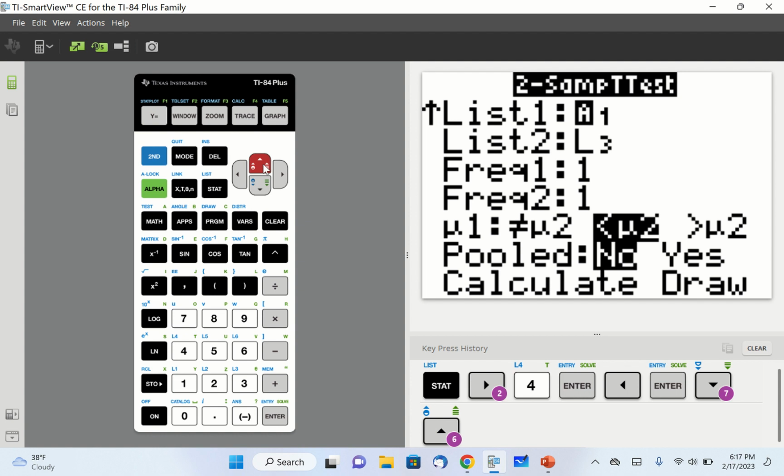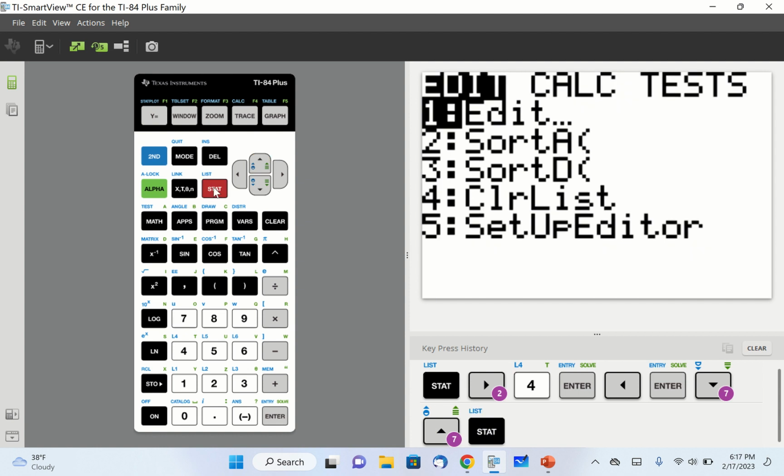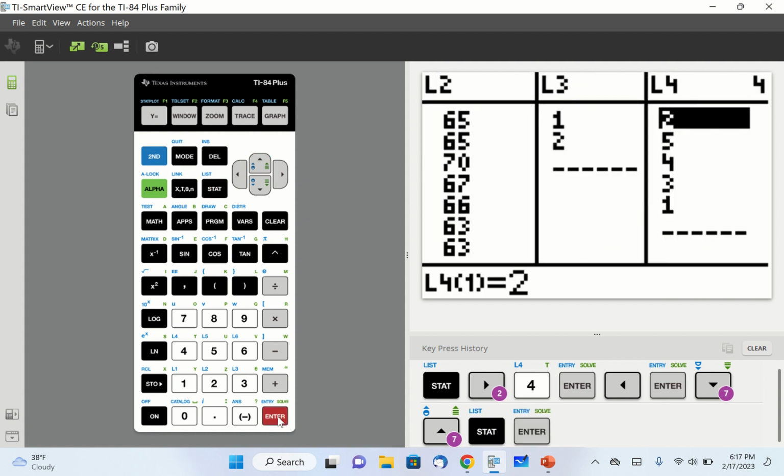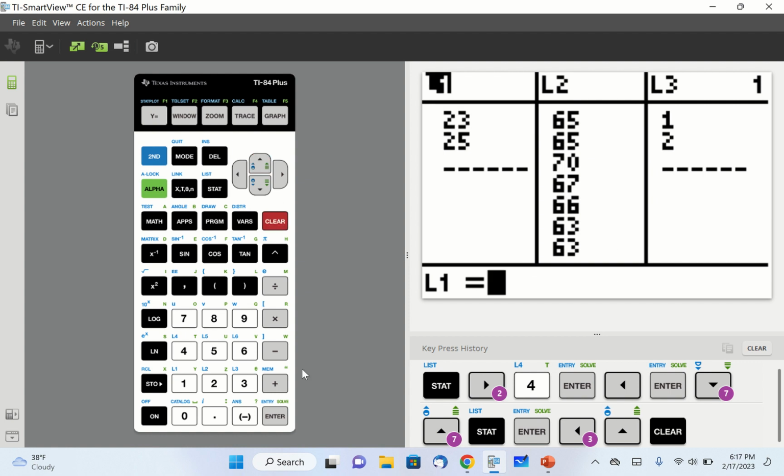Before we take a look at the second option, stats, let's see where to enter the data if we had data given. So you go back to stat, edit option 1, hit enter, and you get the list names. So you have various lists and you will find an empty list. If you don't have an empty list, you could always scroll up to the name of the list by up arrow, hit clear, enter, and that will clear up the list and you can start typing in.